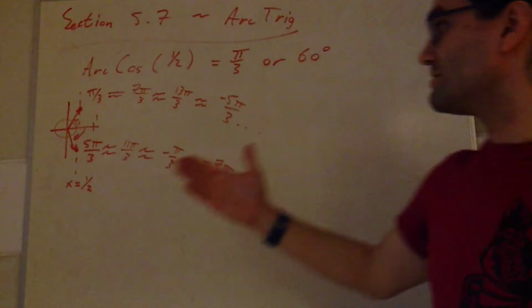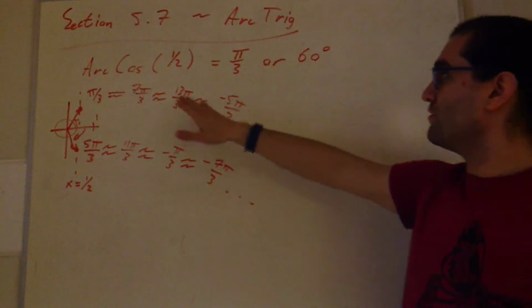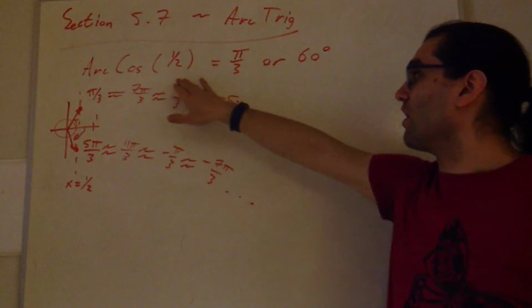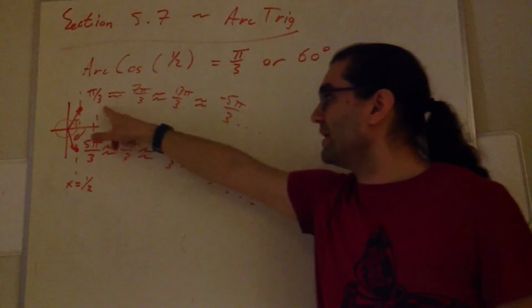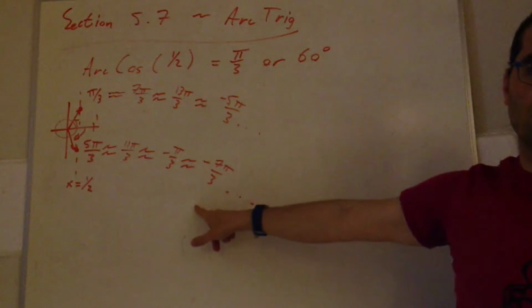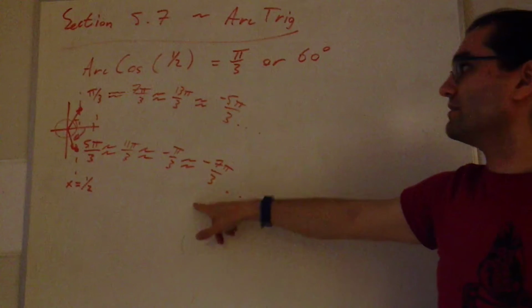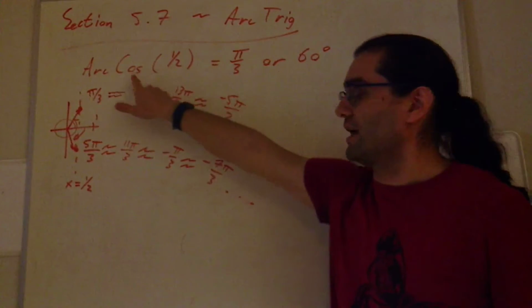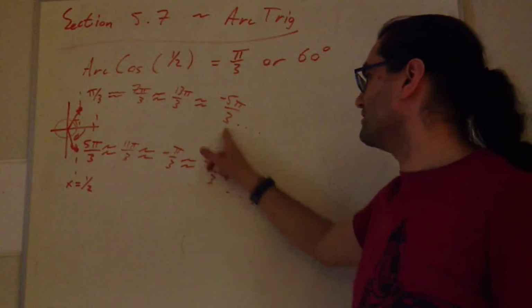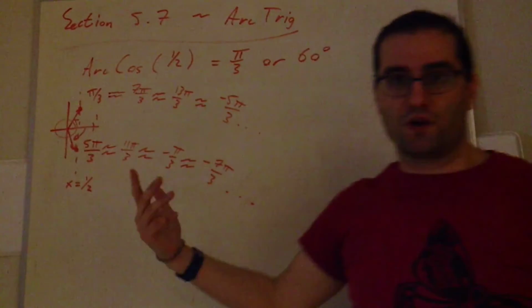The moral of this story is, for any given x value on the unit circle, there are infinitely many different angles that will produce that x value as its cosine. The cosine of every single one of these angles is 1/2.